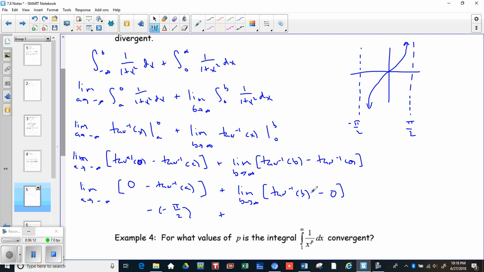And then this one, inverse tangent as b approaches infinity: the y values are going to approach infinity as the angle approaches pi halves. So this is pi halves minus 0. So what I get is negative pi halves, which is pi halves plus pi halves equals pi. And since this is a finite value, this integral was convergent.